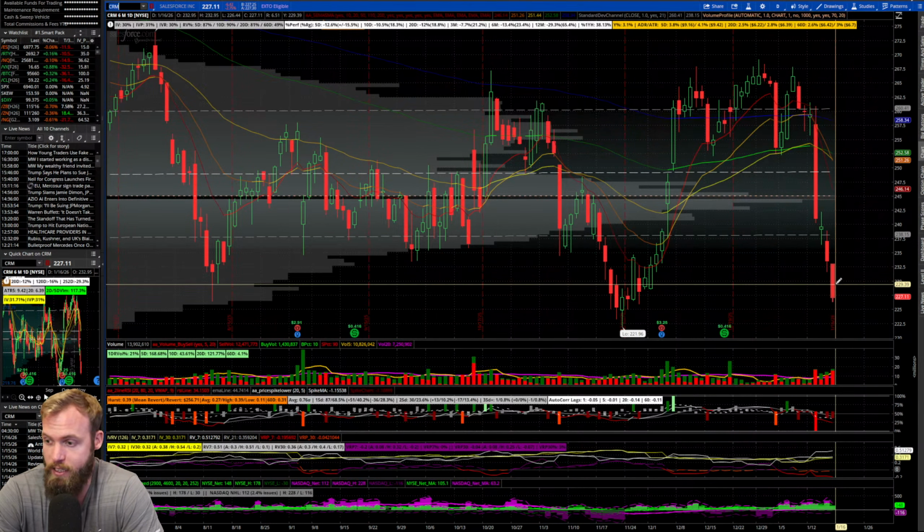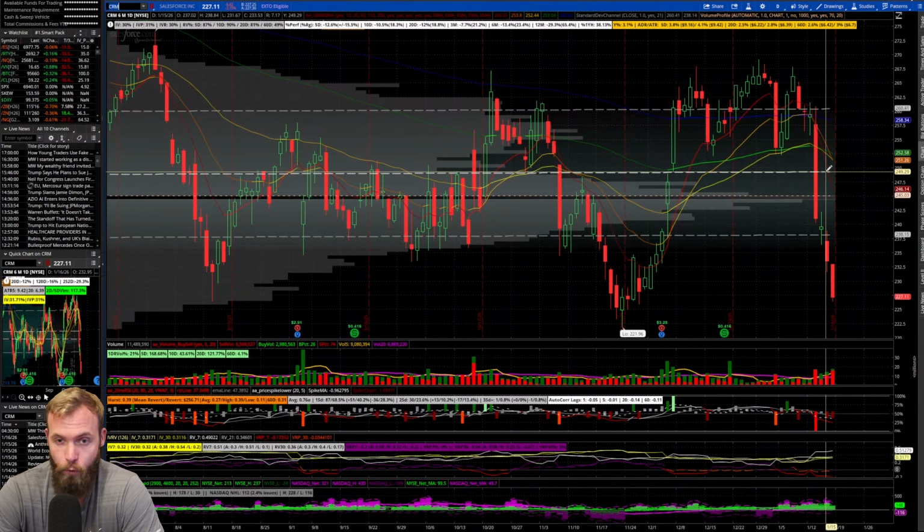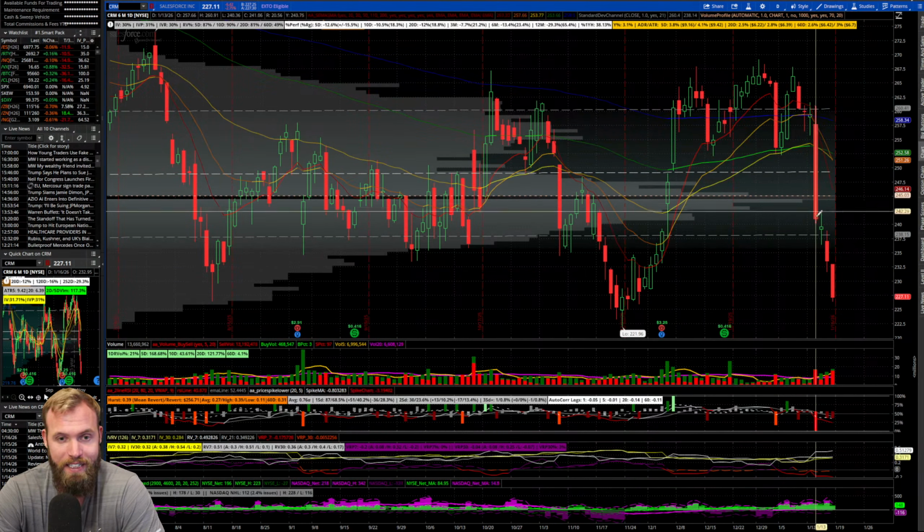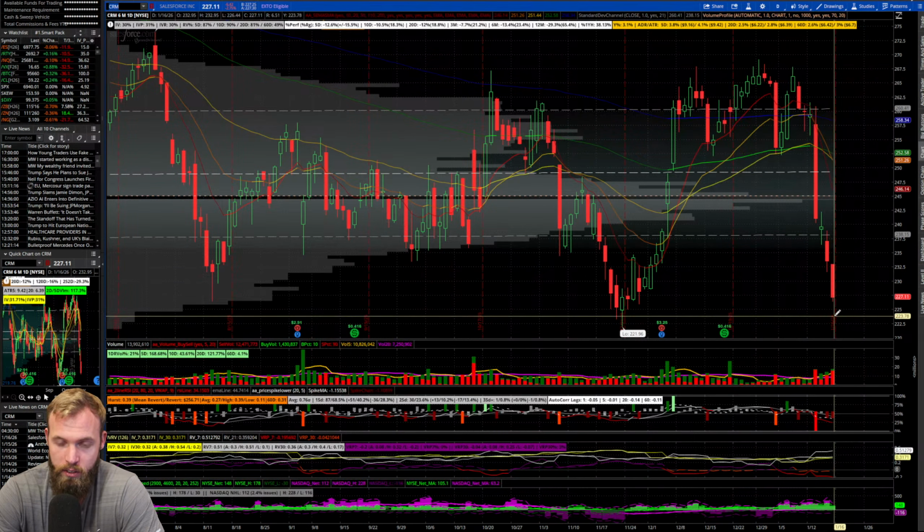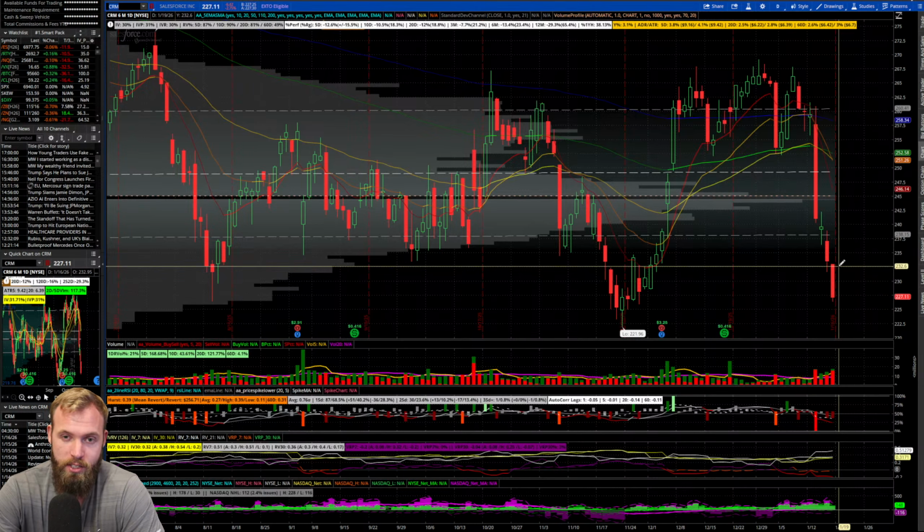If we had an assumption that we think for whatever reason that most of the down move is done and we think that it's going to oscillate sideways, then actually selling puts can make sense. But notice how I said selling puts, not cash secured puts, because a big part of cash secured puts is being willing to take assignment.